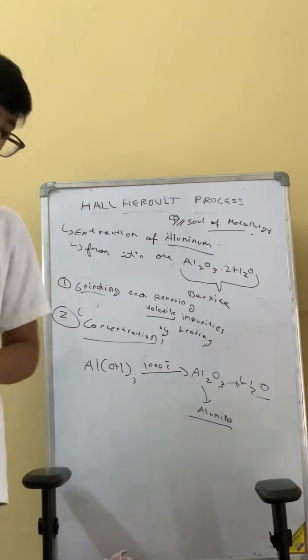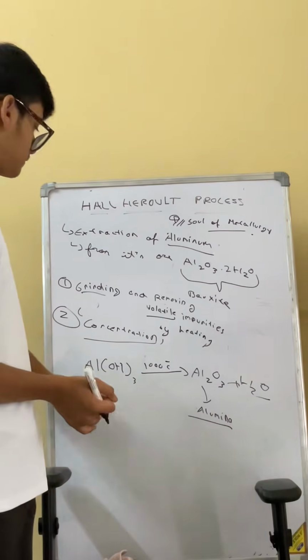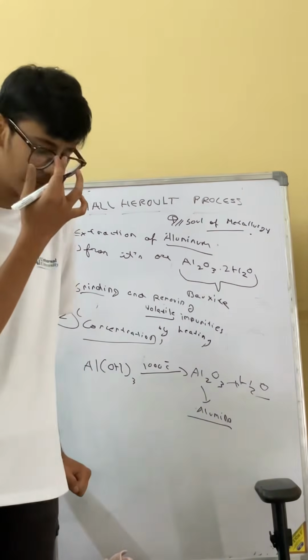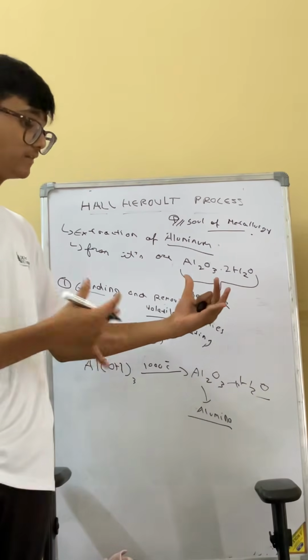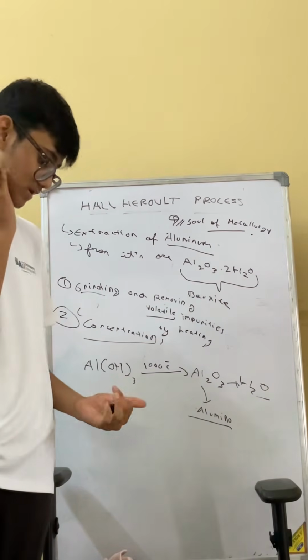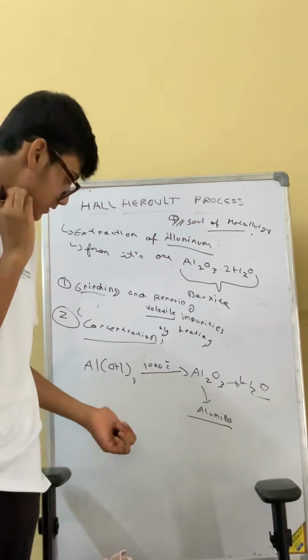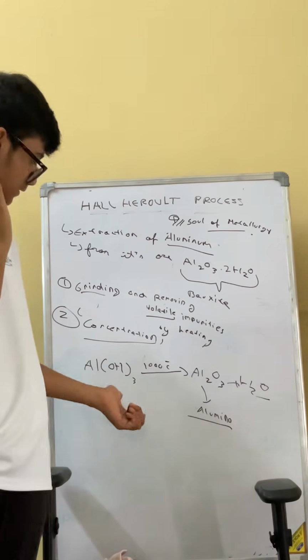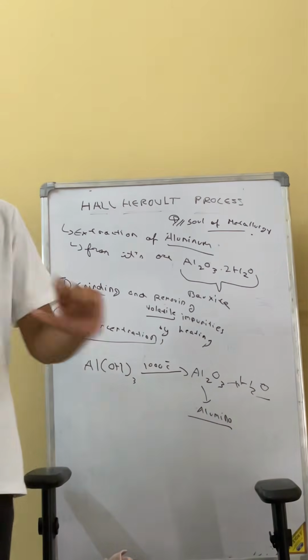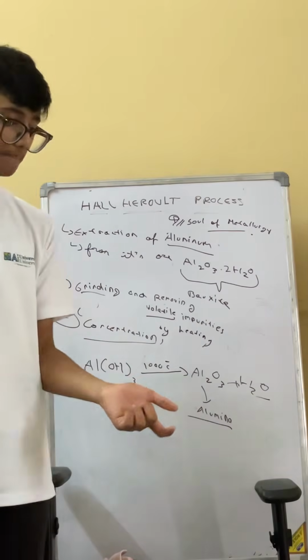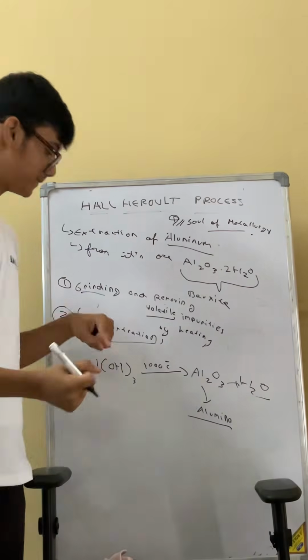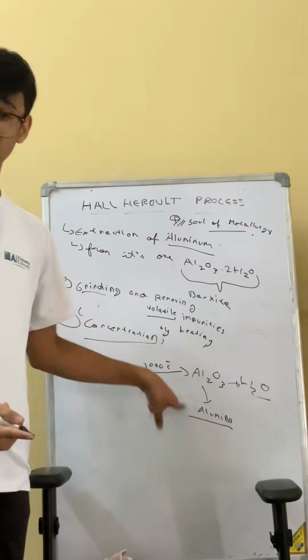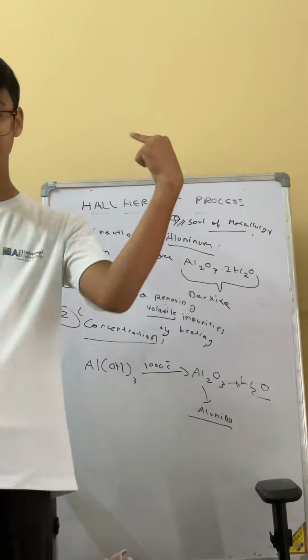Okay, now let's take any other ore. If we had to extract a metal other than aluminum, then the third step would have been converting it into metal oxide. But here's the catch: in aluminum, in the HEROULT process, we already have metal oxide, which is alumina, Al2O3.